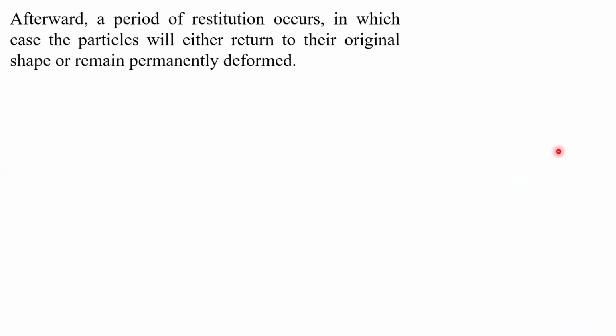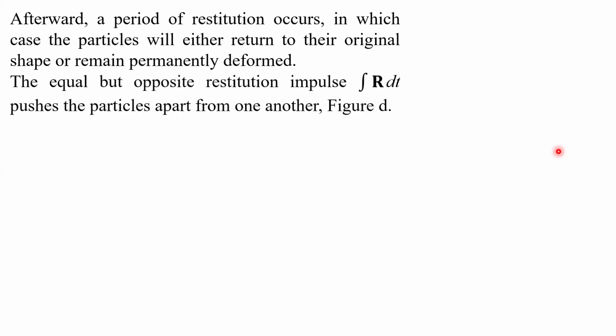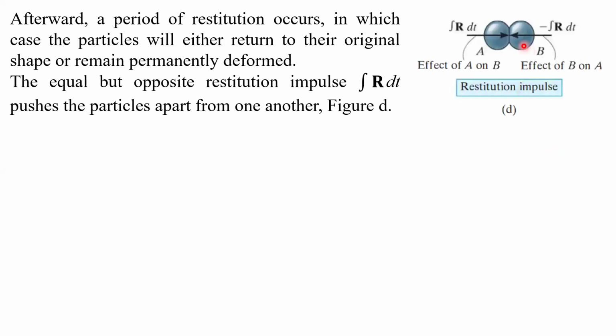Afterwards, a period of restitution occurs, in which case the particles will either return to their original shape or remain permanently deformed. Either of them can return, or both of them may be deformed. The equal but opposite restitution impulse, integral R dt, pushes the particles apart from one another, as shown here.